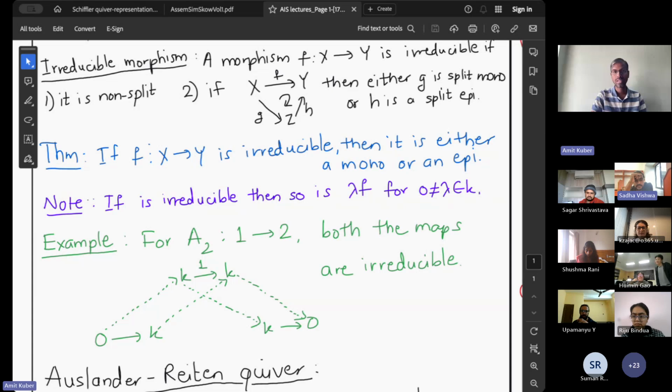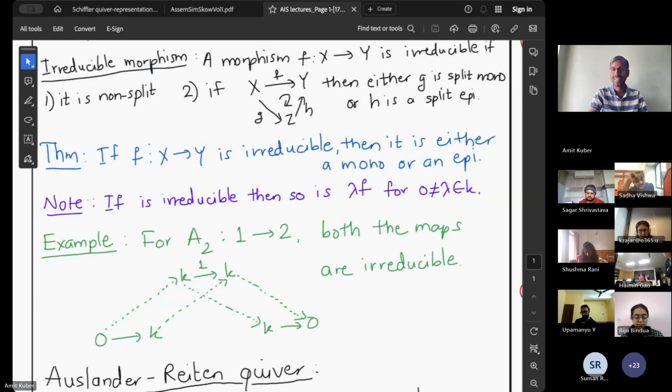I have a small question here. In the view of studying representation theory, are we going to assume X and Y are irreducible spaces, or just any spaces? I mean, any representation. We are not talking about spaces at all. Can there be irreducible maps between non-indecomposable objects also?